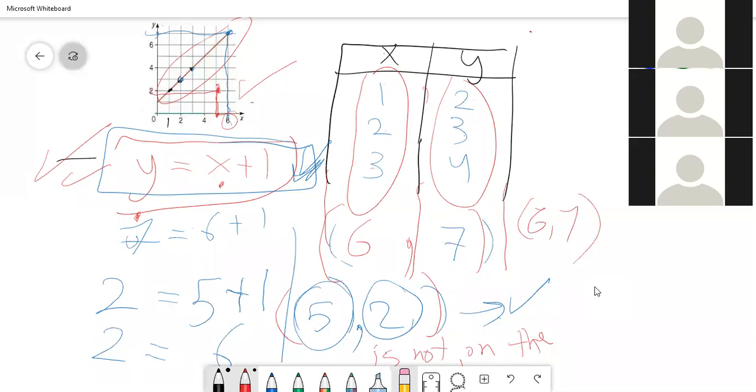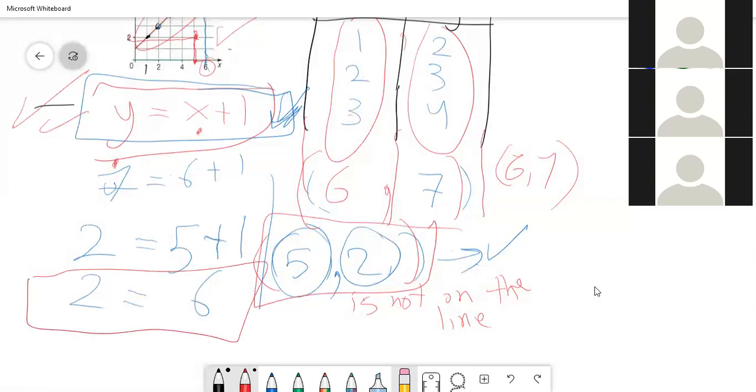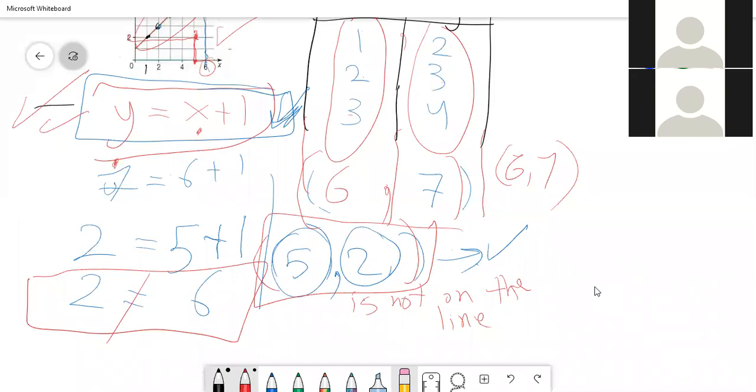And then we took another point, and we wanted to make sure if this point lies on the line or not. So we plugged these points into the function. So we got this, right? 2 equals 6, but clearly 2 doesn't equal 6. So we said this point is not on the line, or it doesn't lie on the line.